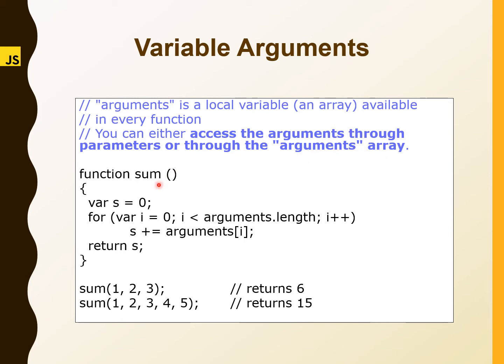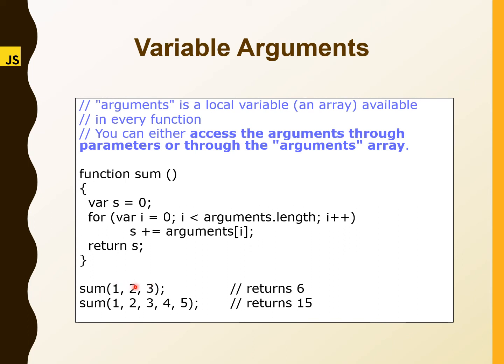Then variable s is declared and initialized with value 0. Then a for loop is activated with i = 0, i less than arguments.length, then i++, then s += arguments[i]. Here the arguments in the function code will be converted to an arguments array.